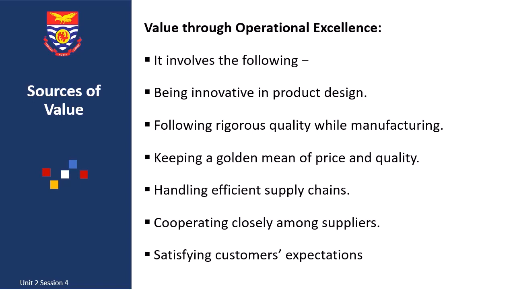Then operational excellence can be achieved by cooperating closely with suppliers, because when you need raw materials for producing, they are made available, and quality raw materials are made available because of proper relationship management with suppliers. It is also achieved by satisfying customer expectations.